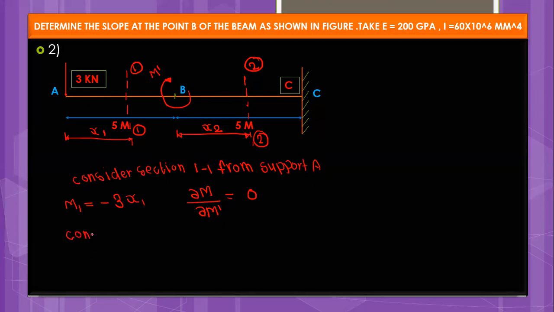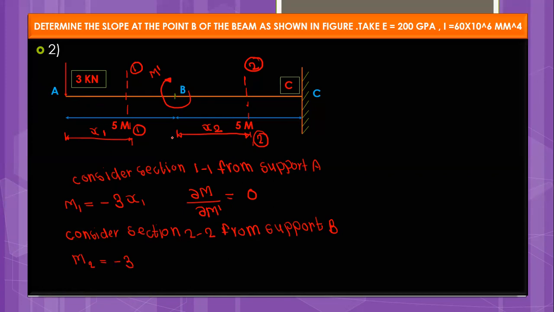Now consider section 2-2 from support point B. Now we have considered point B. When you take the limits, you have to focus on this point as well. So this is the M2 equation. For that, this is our force 3, which is also creating hogging.